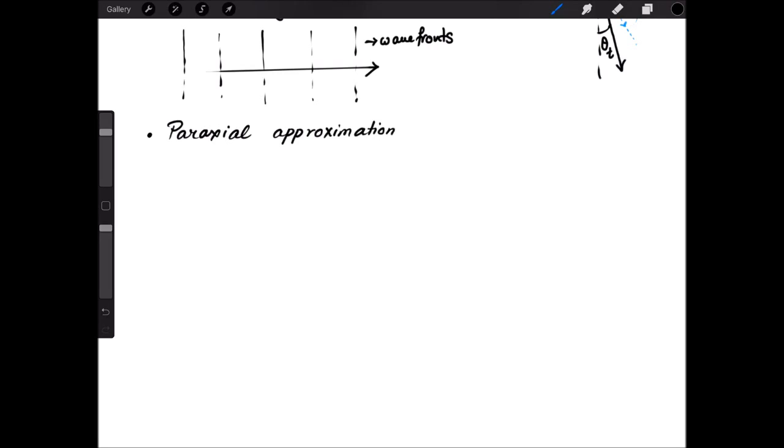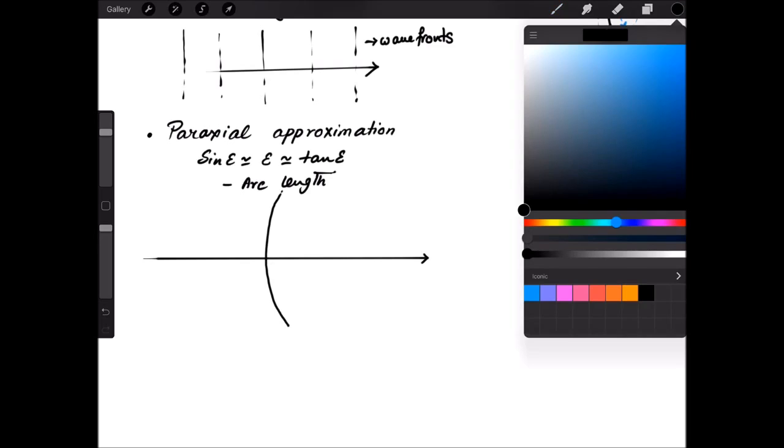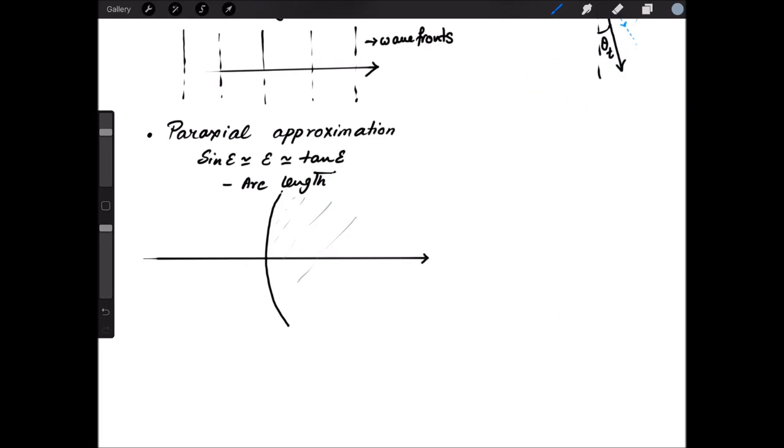So paraxial approximation, sine epsilon equals tan epsilon. Also, the case of the arc length, that is, so if this is your optical axis, and say this is like one side, so you have glass over here, and there, and this angle is very small.